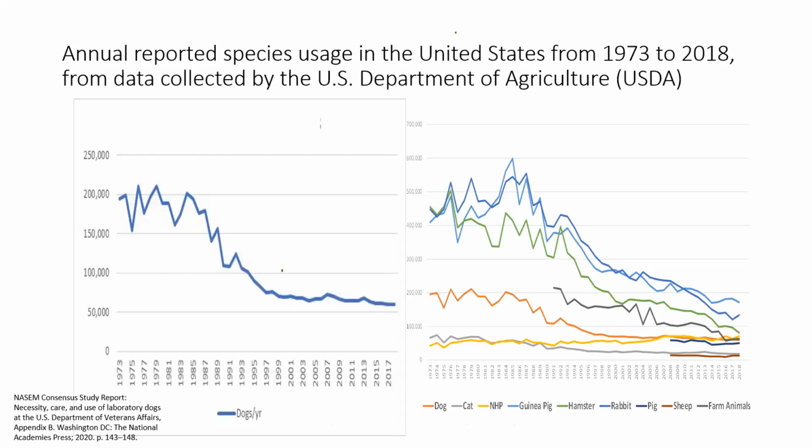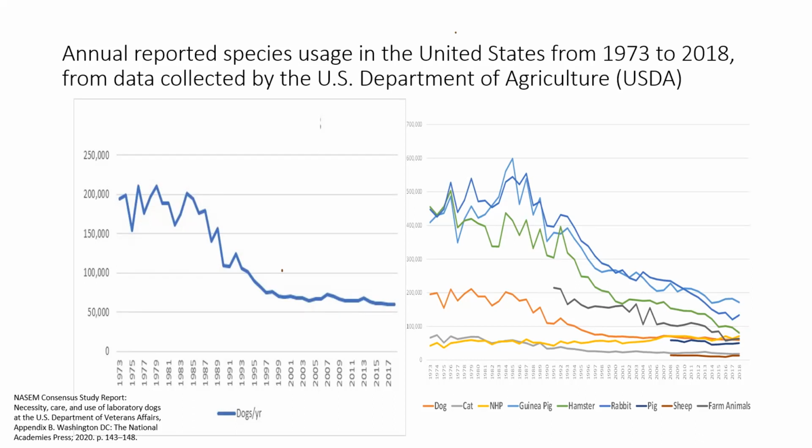So here is an analysis of data that was collected by the US Department of Agriculture under the auspices of the Animal Welfare Act, looking at the reporting of specific species used in animal research and teaching activities in the United States, 1973 to 2018, which was the last year the data were available when I did this analysis.